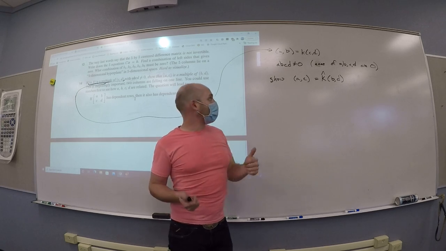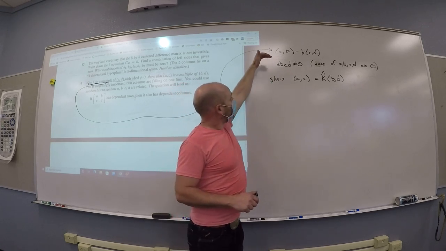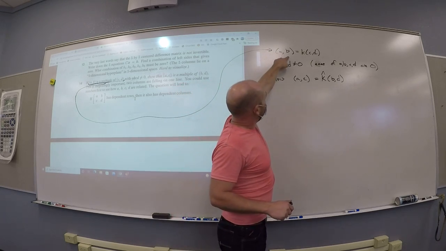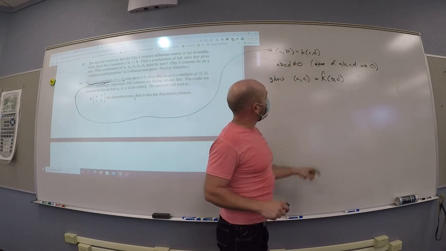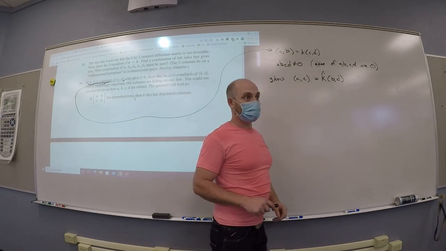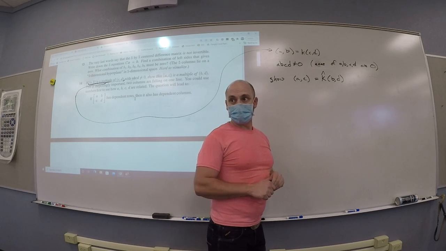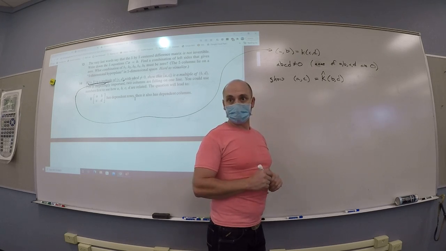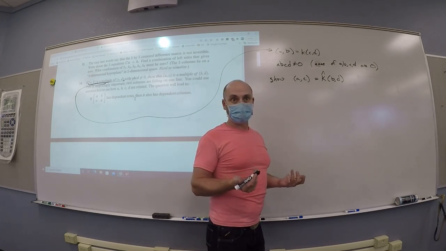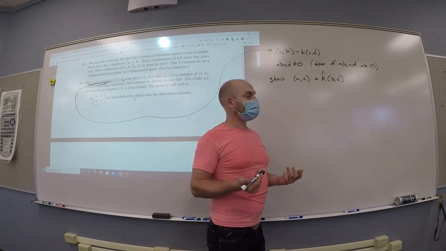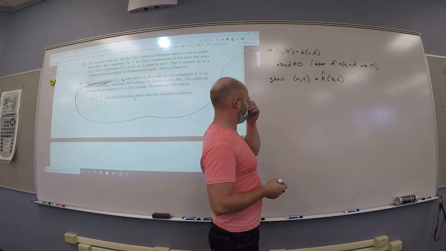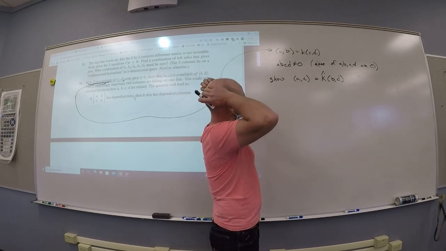Okay, so let's see if we can chase this thing around. I know that AB is some constant times CD. What do you use that for? Scalar multiples, great. What am I trying to do with this?